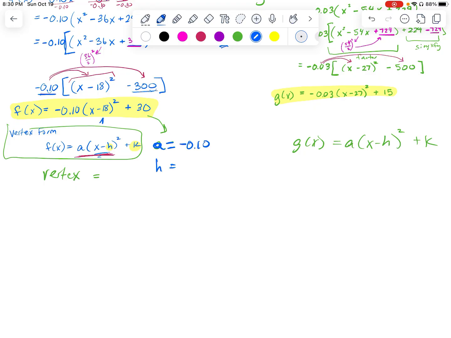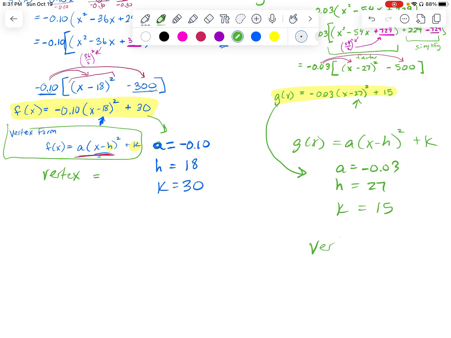I can see my h. My h is opposite of whatever's there. So that's going to be, well, negative 18 becomes positive 18. And my k is 30. Whereas my g of x function, I have a equal to, that's coming from here, negative 0.03, and my h is that 27, and my k is 15.